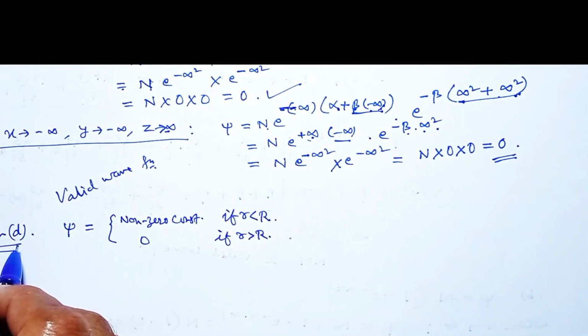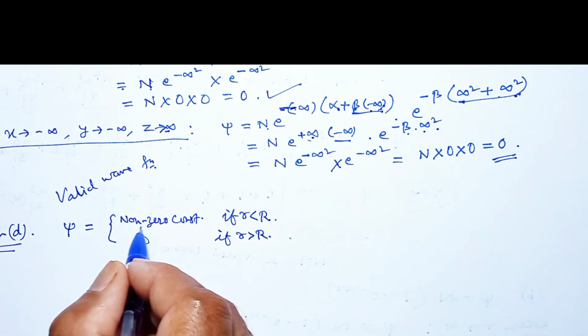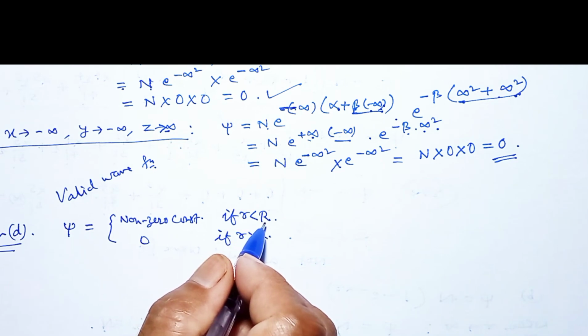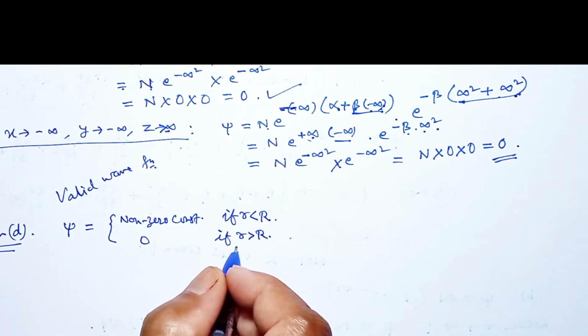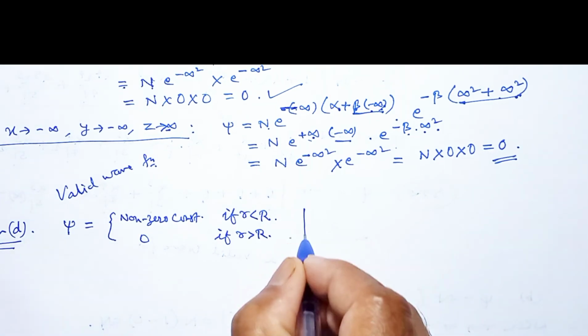Now check option D. The wave function psi is given as a non-zero constant if small r is less than capital R, and it is 0 if r is greater than capital R. So we should draw a graph like this.